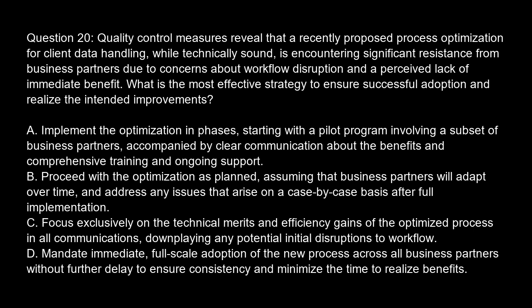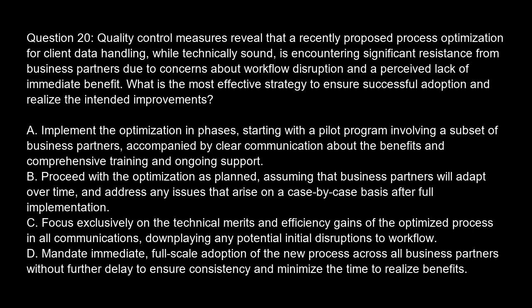Option A. Implement the optimization in phases, starting with a pilot program involving a subset of business partners, accompanied by clear communication about the benefits and comprehensive training and ongoing support. Option B. Proceed with the optimization as planned, assuming that business partners will adapt over time, and address any issues that arise on a case-by-case basis after full implementation.